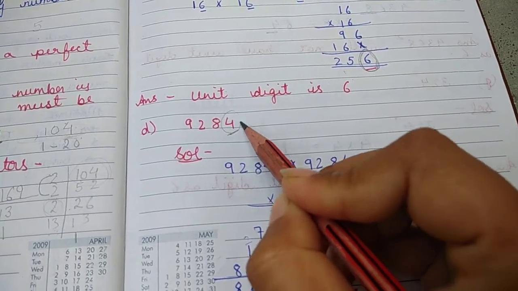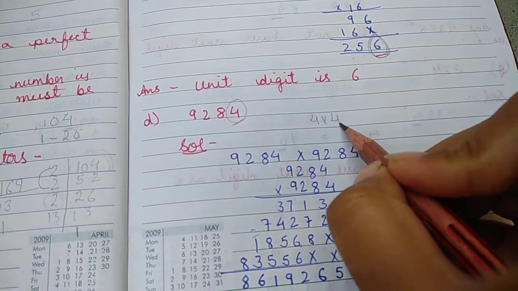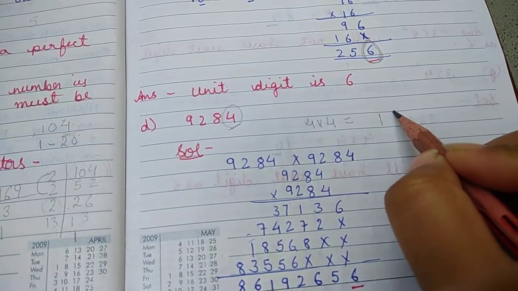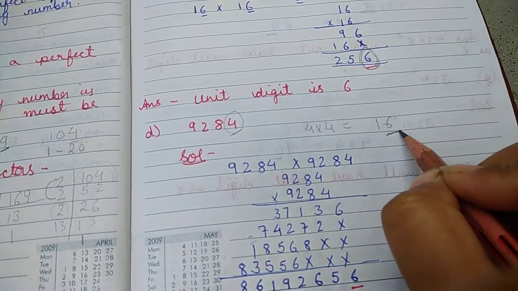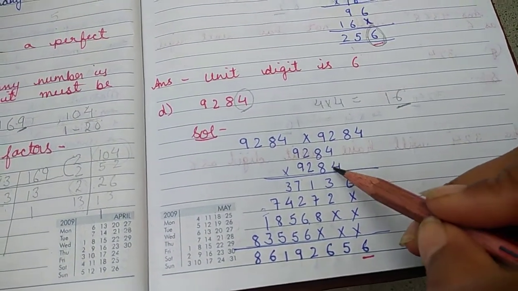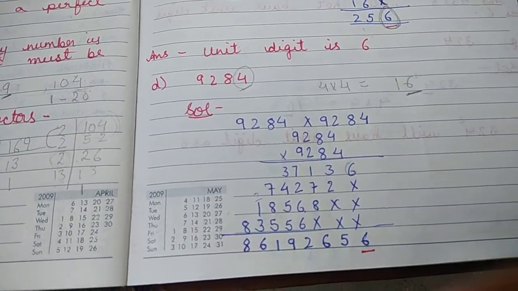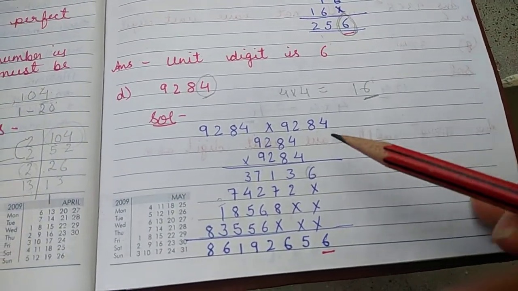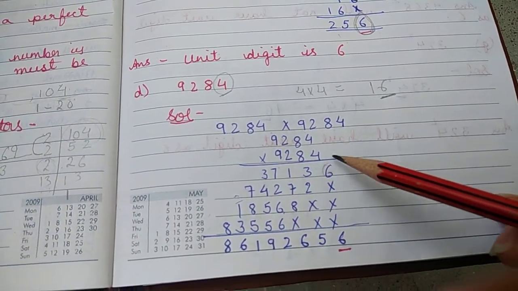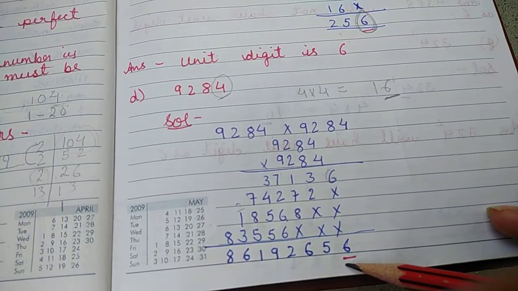The last digit of the question is 4. Just multiply 4 by 4 and see what is coming. You are getting 16. 6 is the last digit. See here also 4 4s are 16, 6 is the last digit, and you always know that the last digit in the first line of multiplication is copied as it is.